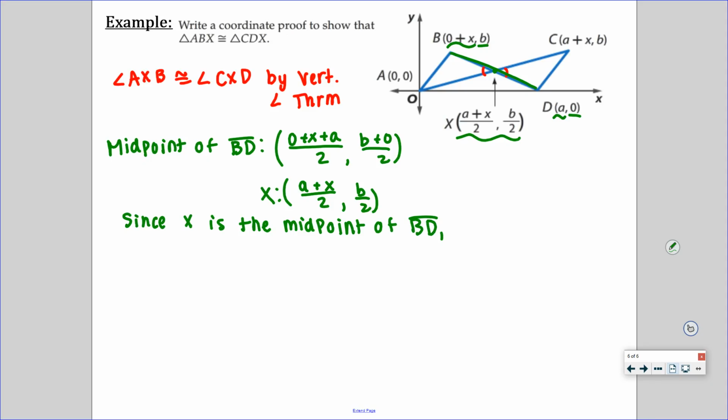What are congruent? Thanks, Glenn. BX is congruent to XD, exactly. All right. We're going to do the same thing for AC. You'll see that it's also the midpoint of AC.